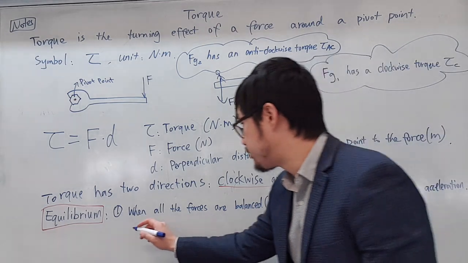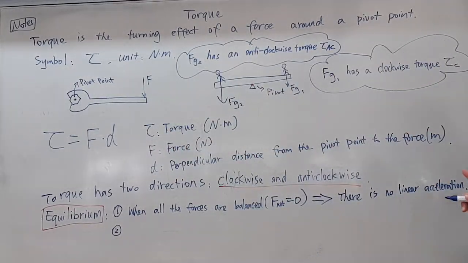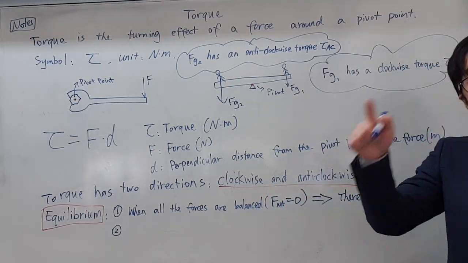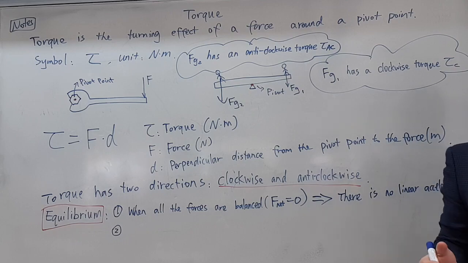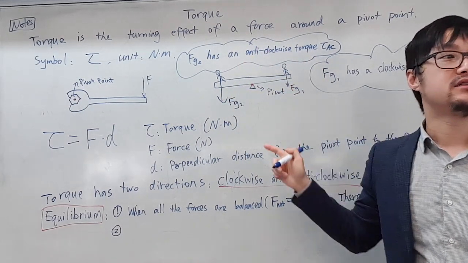Okay, and then number two is not only do the forces need to be balanced, the turning effect of these forces will need to be balanced as well. Otherwise, it's not equilibrium. It will start to rotate. Does it make sense?